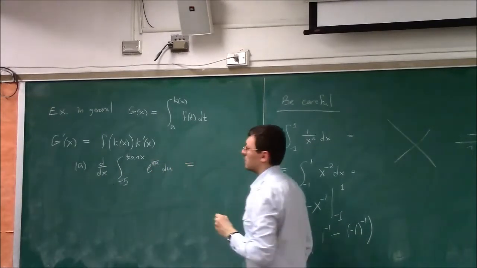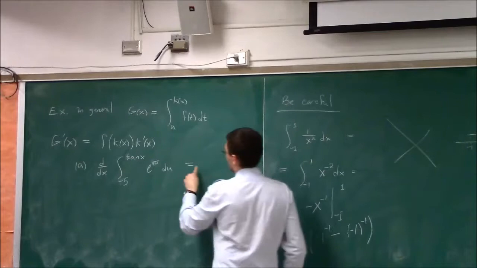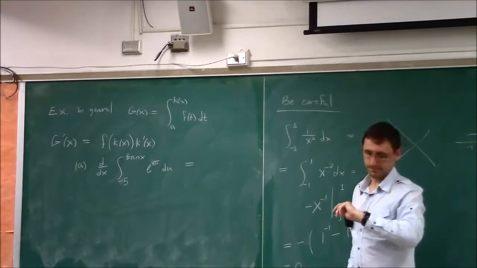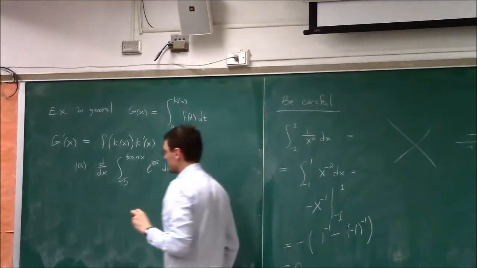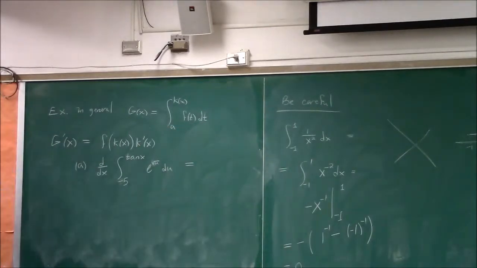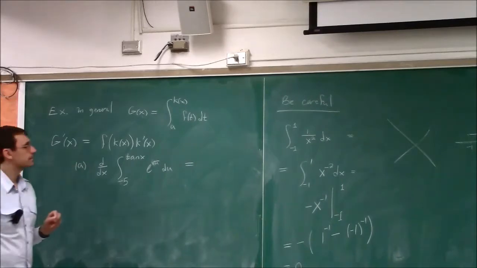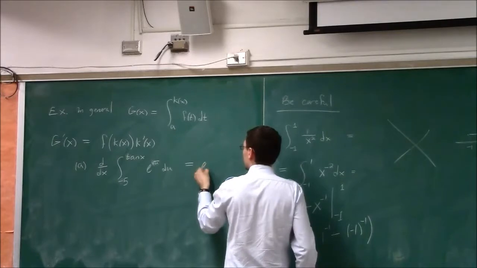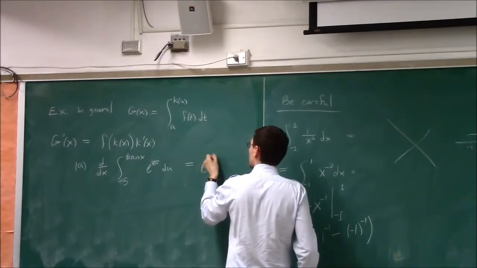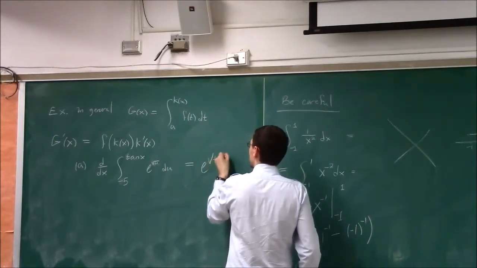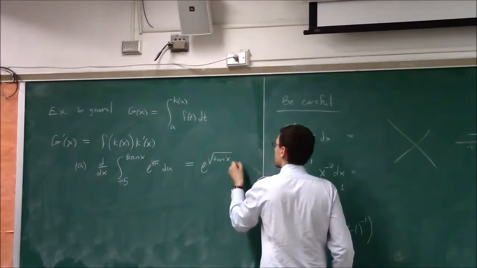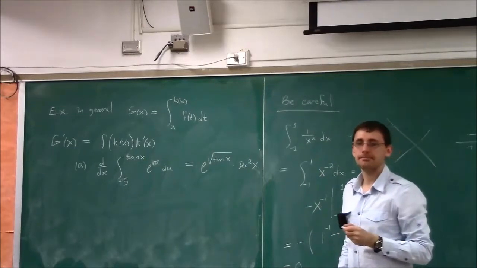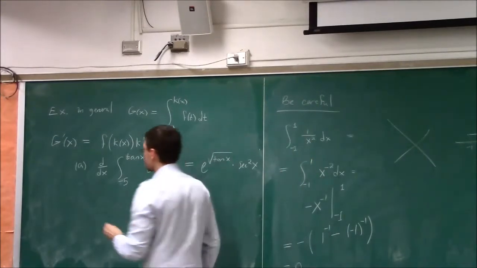What's going to be the derivative? Well, very simply, based on this formula, it's going to be e to the root of tangent x times what? Okay, does this make sense?